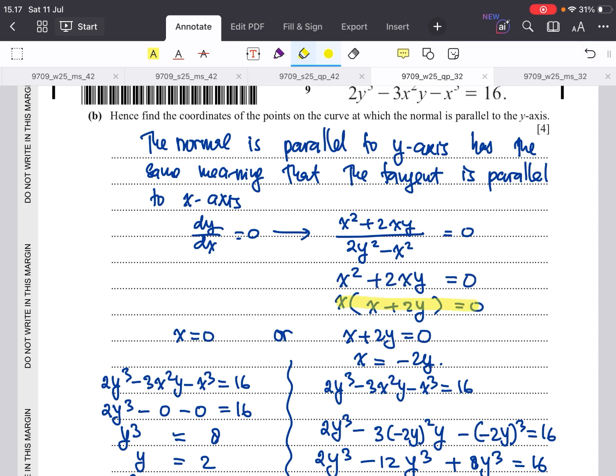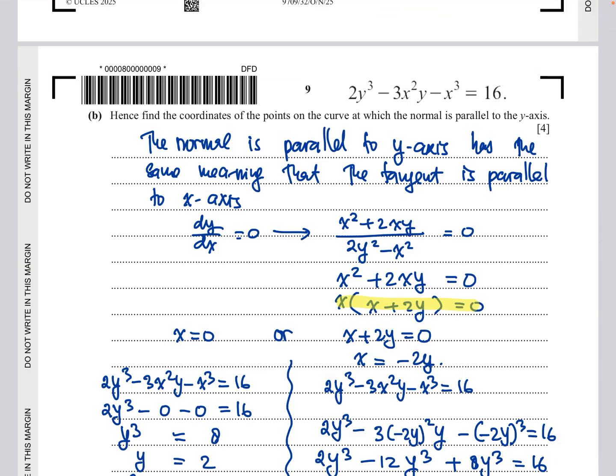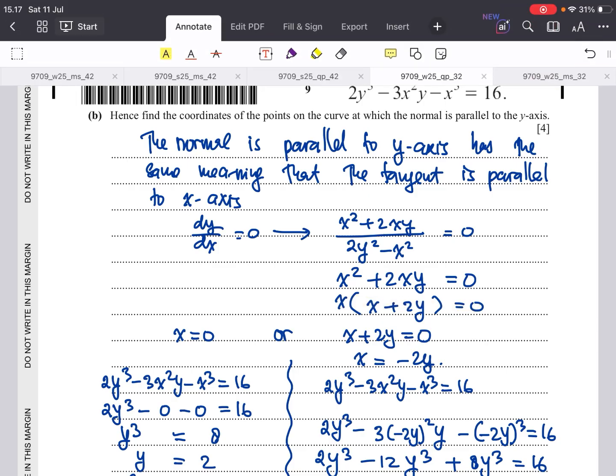Factorize, it becomes x times x plus 2y. So one solution to this equation is x equals 0, and the other is x equals negative 2y.